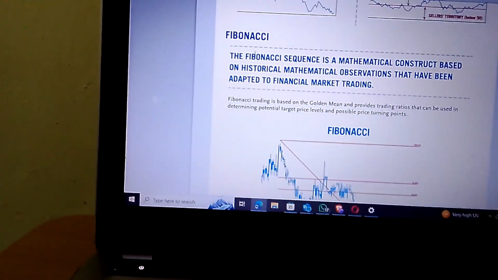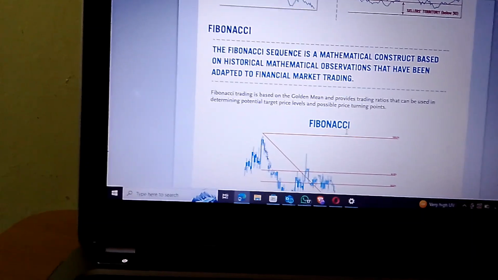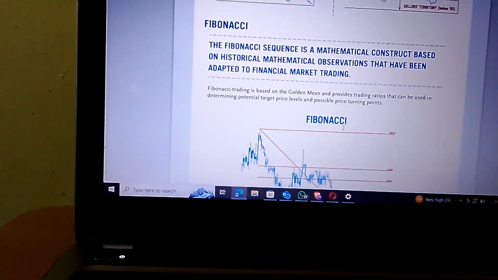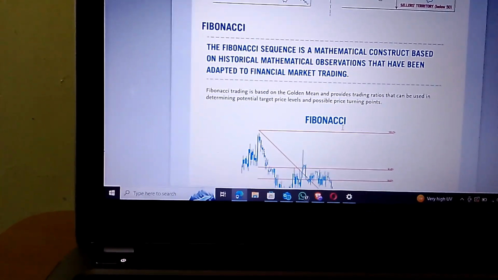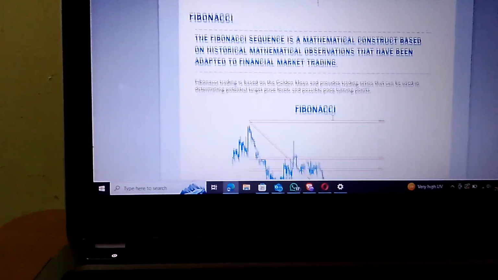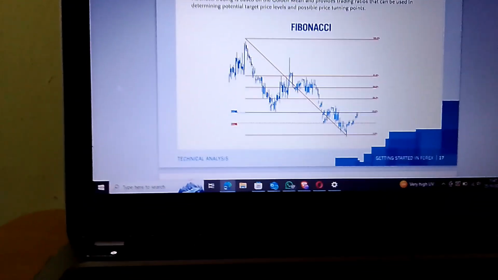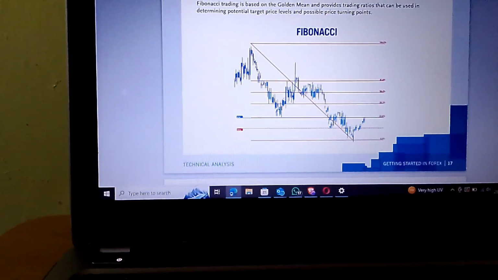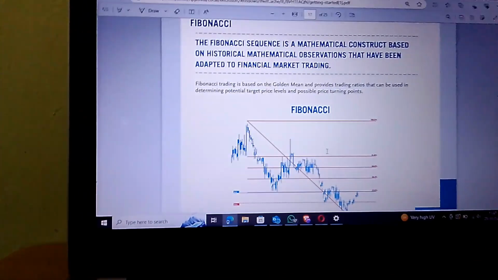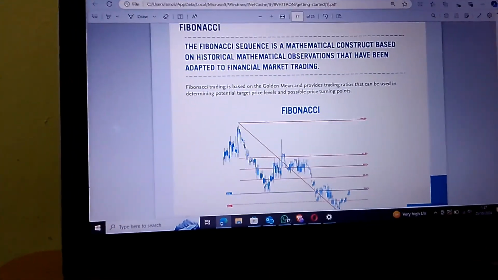Fibonacci. Let's see Fibonacci. The Fibonacci sequence is a mathematical construct based on historical mathematical observations that have been adapted to financial market trading. I've had Fibonacci in one of my classes. I do mechanical engineering, so in one of my mathematics classes I heard of Fibonacci, and I'll tell you what it is in our next class.